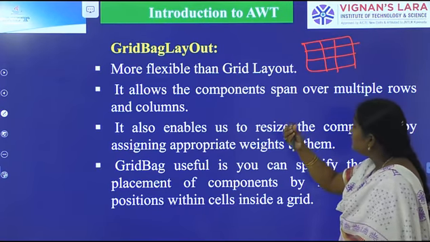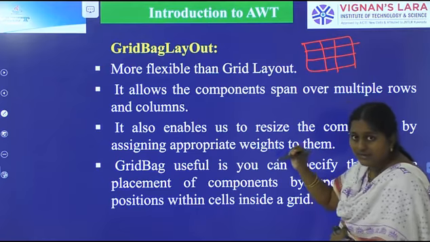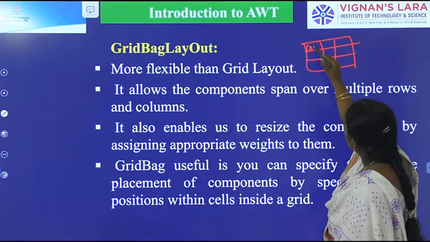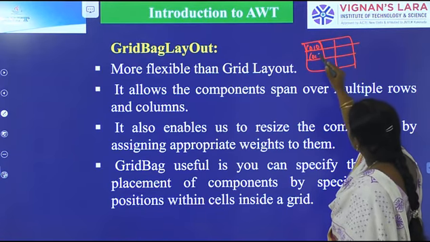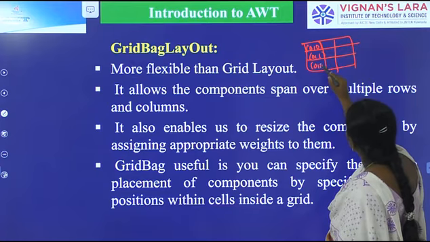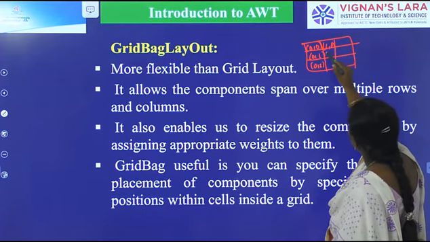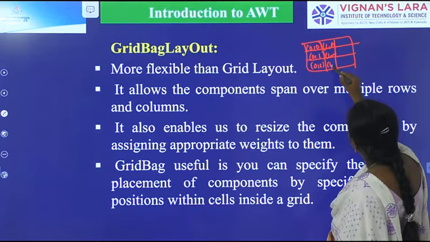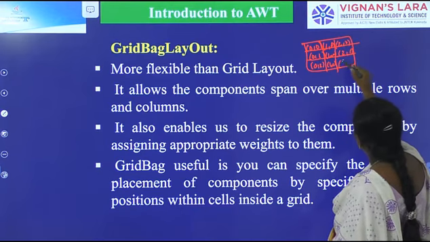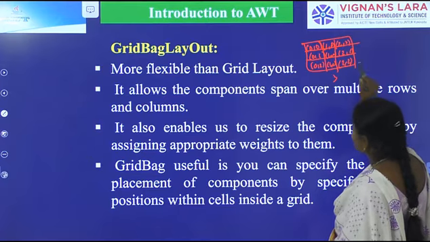Suppose you want to place a particular component in a particular place. Suppose these positions are 0,0, 0,1, next one 0,2, 1,0, 1,1, 1,2, next one 2,0, 2,1 and 2,2. So it is a 3x3 matrix.